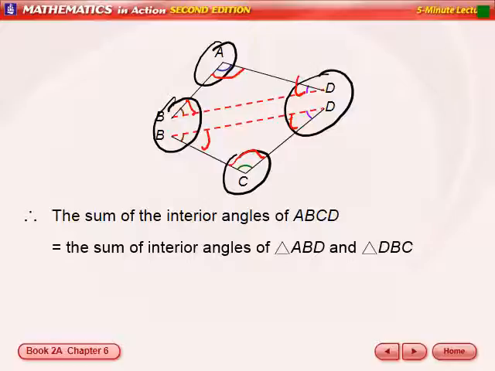Because we know that the angle sum of a triangle is equal to 180 degrees, the sum of the interior angles of ABCD would be equal to 2 times 180 degrees, which is 360 degrees.